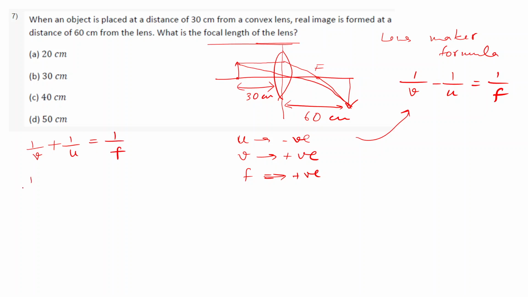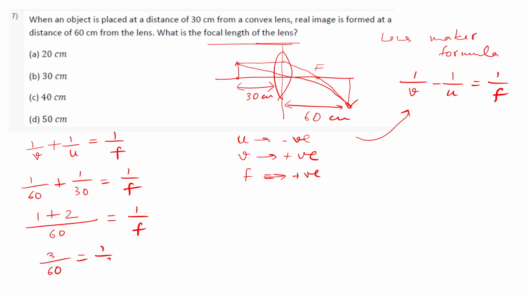Substituting the values, v is 60, u is 30, and I need to find out the focal length. So this will be 3 by 60 is equal to 1 over f. That means f is 60 by 3, that is 20 centimeter. So the focal length of this convex lens is 20 centimeter.